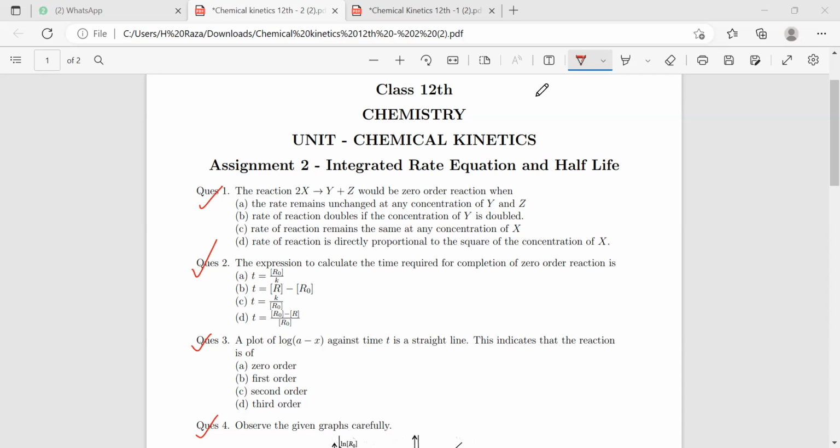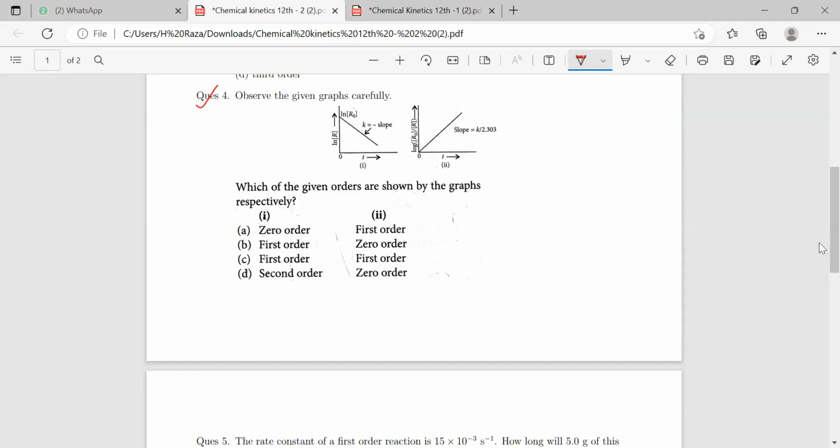Sir, can you scroll down? Is it enough or should I scroll? Sir, can you scroll?